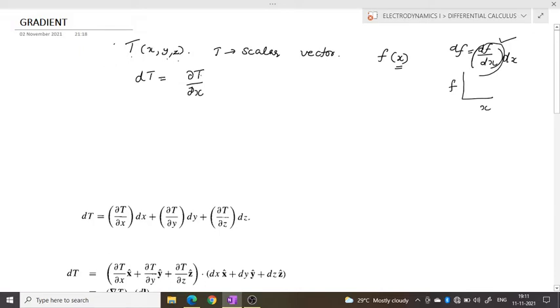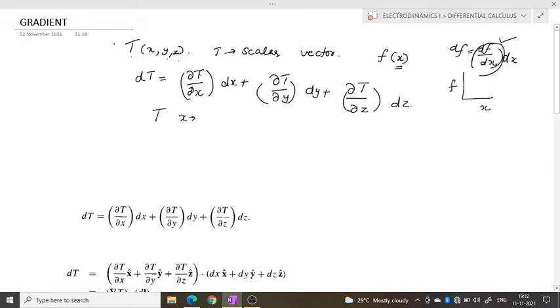This into dx plus dou t by dou y into dy plus dou t by dou z into dz. This is nothing but the variation of t when we move x by a small distance and y by a small distance or z by a small distance.